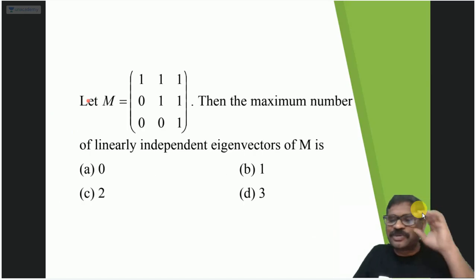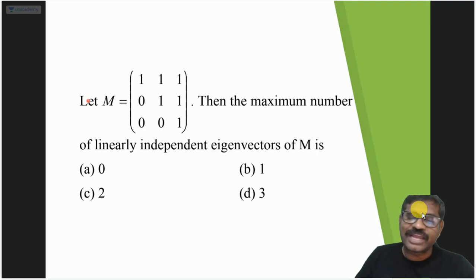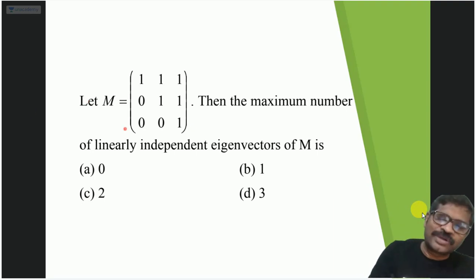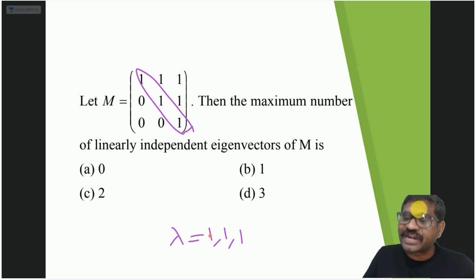Observe this problem. Let M be a 3 cross 3 matrix. Then the maximum number of linearly independent eigenvectors of M. First, your job is to calculate eigenvalues. Eigenvalues are known because it is a triangular matrix. Our job is to find eigenvectors. Avadesh, calculate the eigenvector.